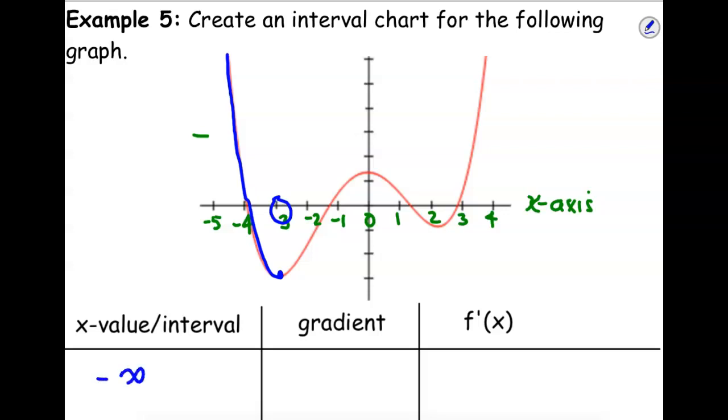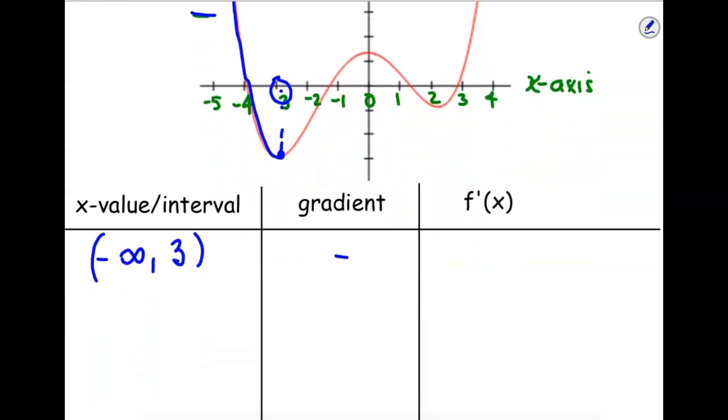That is negative infinity, comma, to our x value of 3. What is the slope in that interval? It's decreasing, so the gradient is negative. What would be the derivative function's value? That derivative function is going to be less than 0.